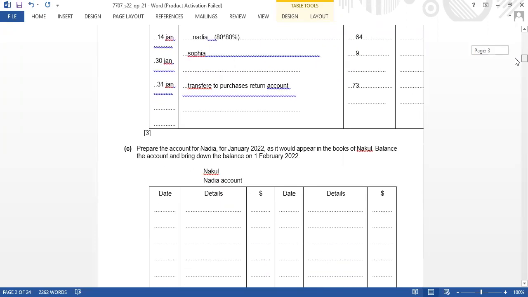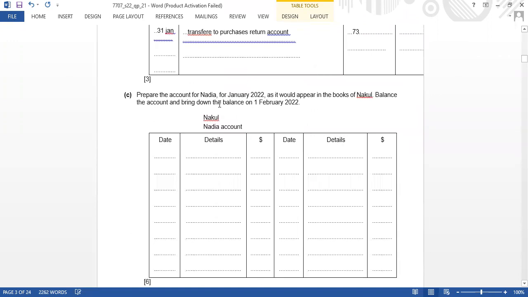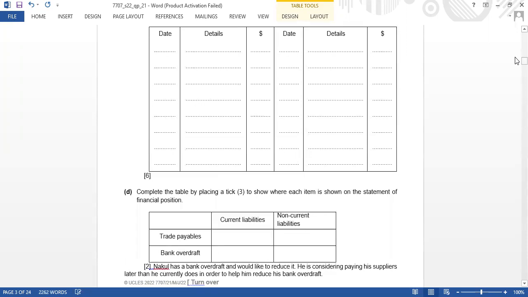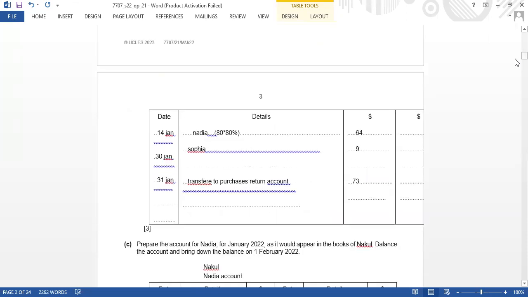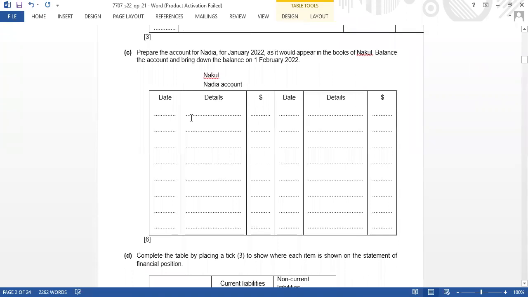Now, moving towards part C. Prepare the account for Nadia for January 2022 as it would appear in the books of Nakul. Balance the account and bring down the balance on 1st Feb 2022. So, in Nakul's books, Nadia account.